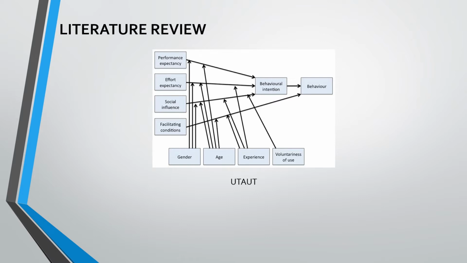Several theoretical models have been suggested to comprehend factors impacting the acceptance of information technologies, and UTAUT compared 8 models from previous research on information technology acceptance, including the technology acceptance model, which is TAM, the innovation diffusion theory, the theory of reasoned action, the theory of planned behavior, the motivational model, the model combining TAM and TPB, the model of PC utilization, and the social cognitive theory.